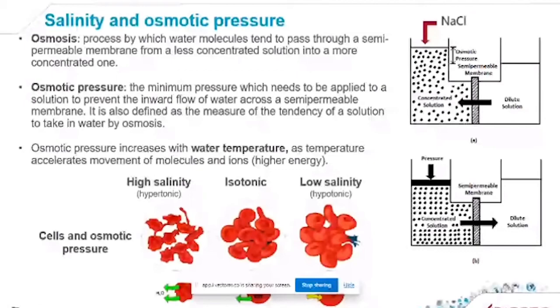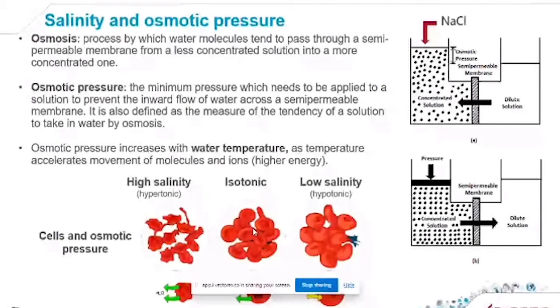Now, what does this mean for an organism or the cells within that organism? If you look at the bottom graph, you can see cells that have been placed in three types of environment: isotonic, hypertonic with high salinity, or hypotonic with low salinity.